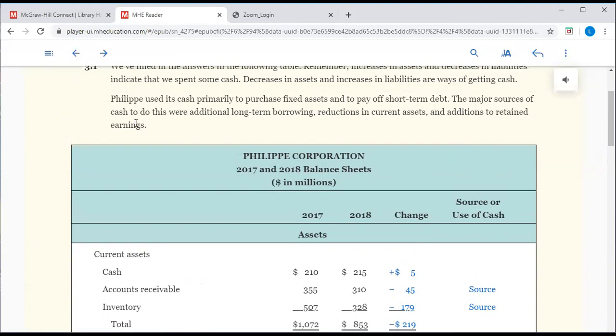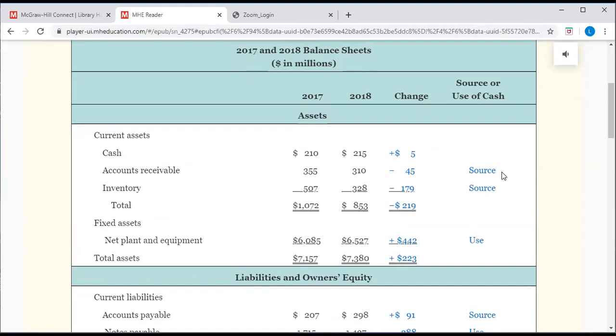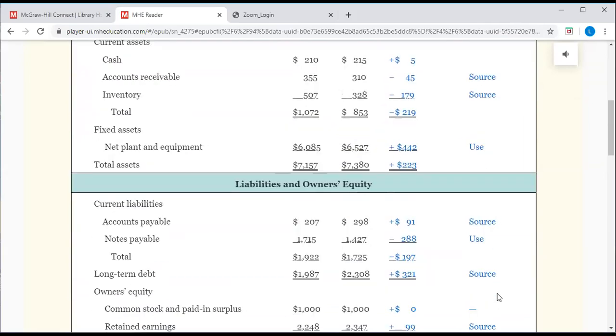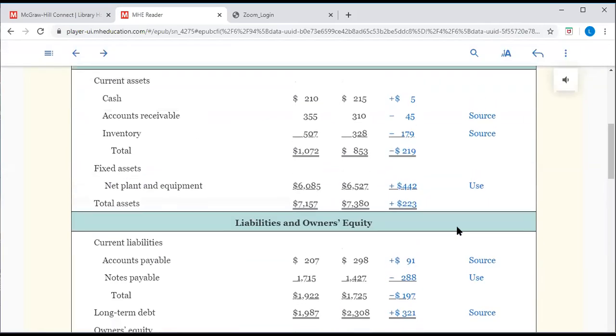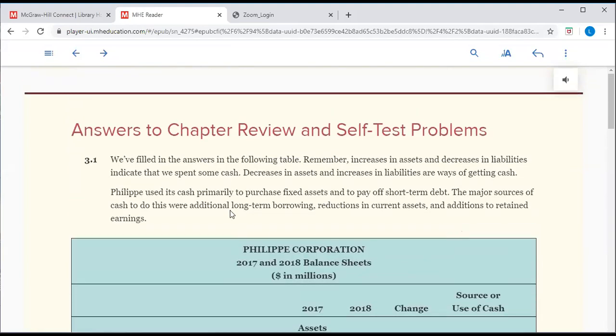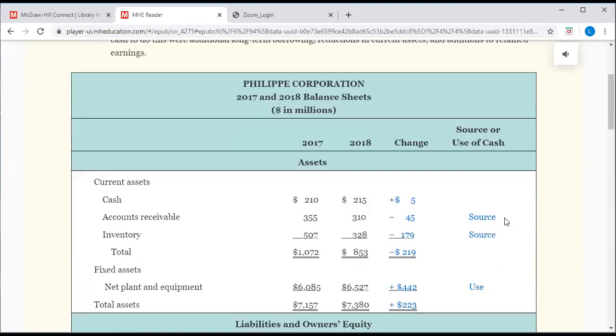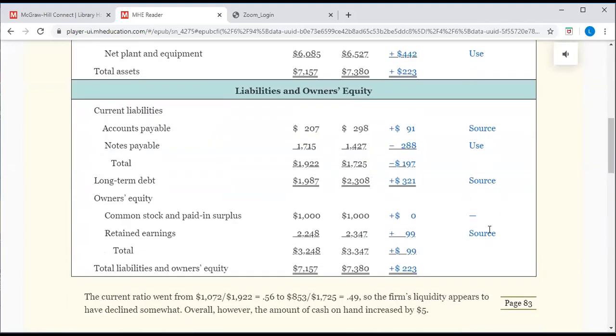So the major sources of cash were long-term borrowings and reductions in current assets and additions to retained earnings. We look at where the sources are in our long-term debt. But it also tells us the major uses of cash, which were the purchase of net fixed assets and short-term notes payable.